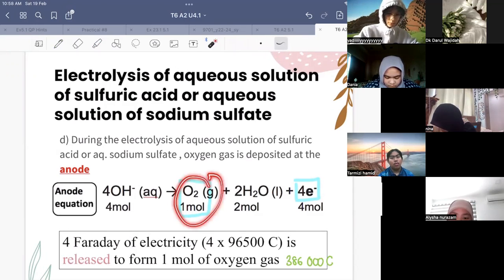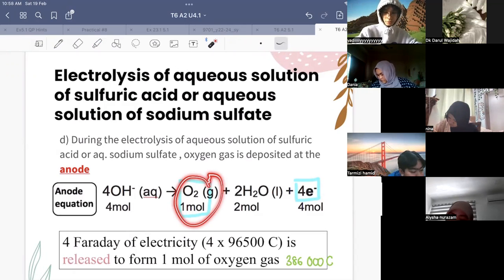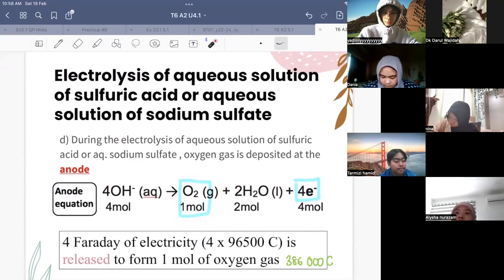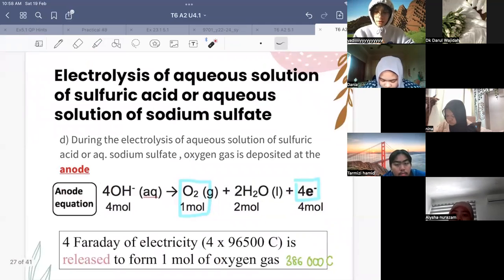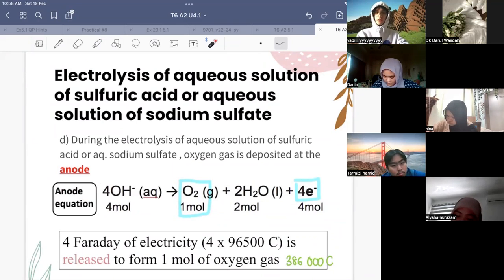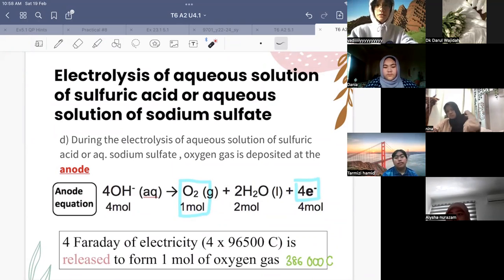You can see a lot of charge is needed to produce 1 mole of oxygen in the electrolysis of sodium sulfate. I hope we will have enough time to do at least one question so you know where this is going. So that's how you know how much charge in coulombs is required to form 1 mole of your products.